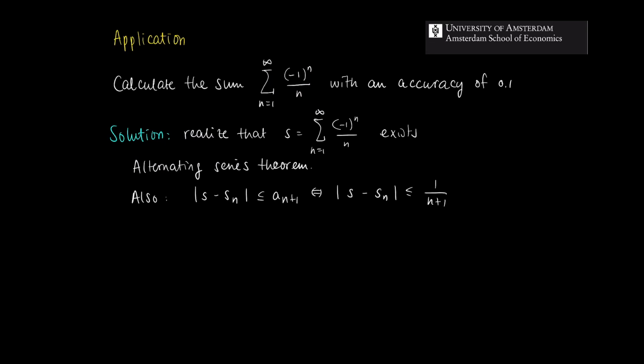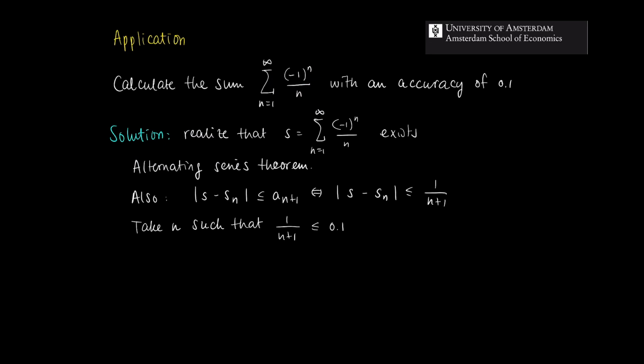So if 1 over n plus 1 is an upper bound for the accuracy, then we might take an n such that 1 over n plus 1 is smaller or equal than 1 over 10. In that case, if we pick such an n, then we could just take S_n as the approximation we strive for.